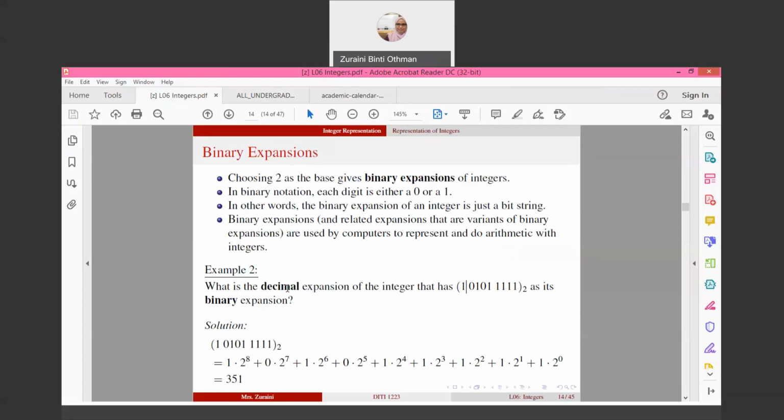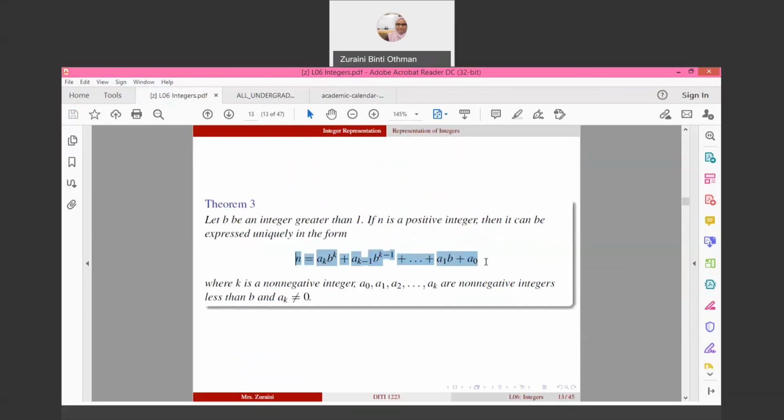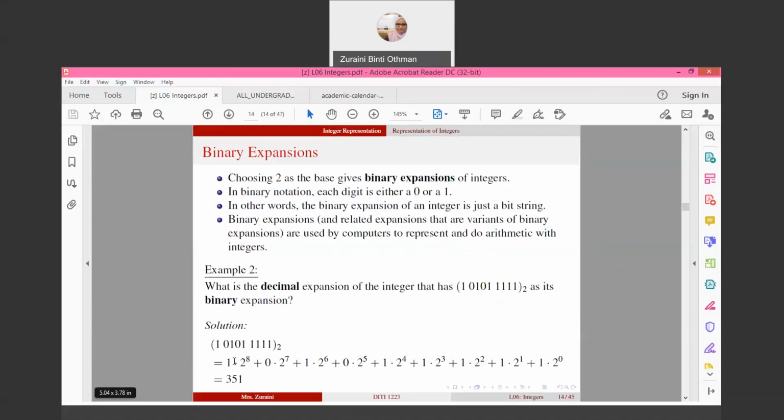Okay. What is the decimal expansion of the integer that has this binary expansion? Dia nak cari decimal punya bentuk yang asal 10 daripada binary punya number. Okay. So, kita boleh guna theorem yang sebelum ni lah. Yang paling kecil yang belakang tu kena darab dengan 2 kuasa kosong. Lepas tu yang kedua darab dengan 2 kuasa 1.